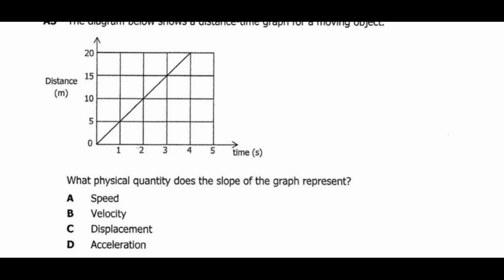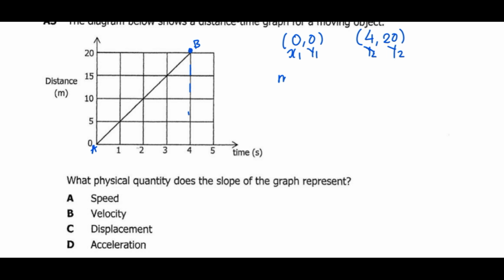If we are to find the slope, let's consider this as our point A and this as our point B. From point A, the coordinates are 0, 0. For B, we can see that our x is 4, so this is 4, 20. We'll say x1, y1, x2, y2.